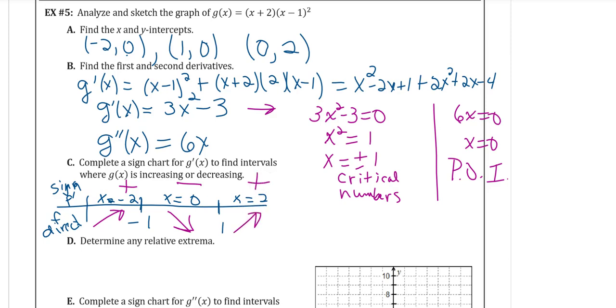Okay, then determining any relative extrema, I can see here I have a relative max and a relative min there, and I'm going to substitute the -1 and 1 back into my original function.